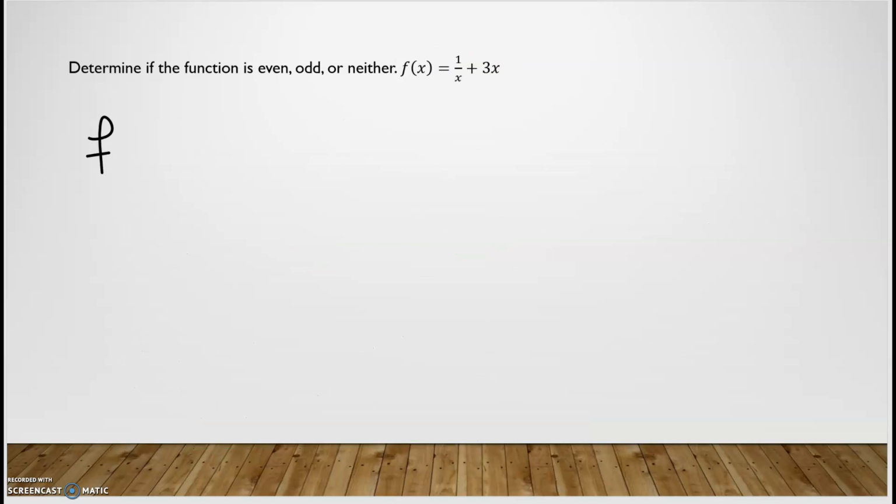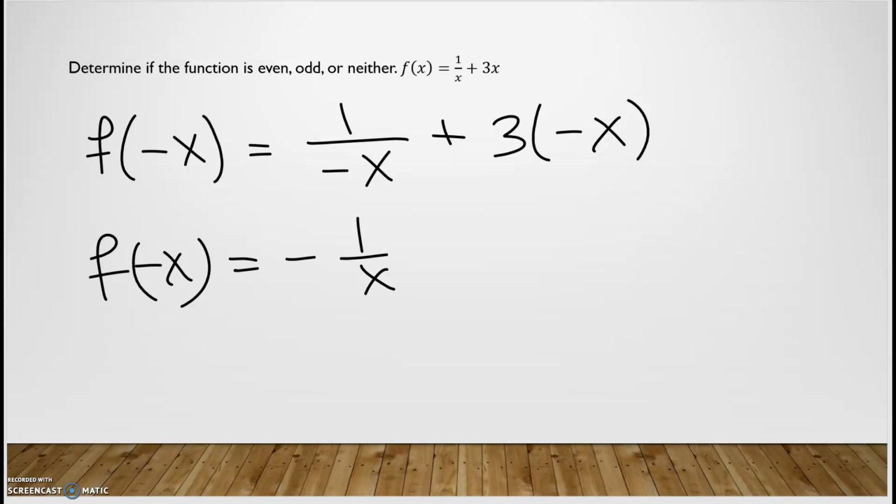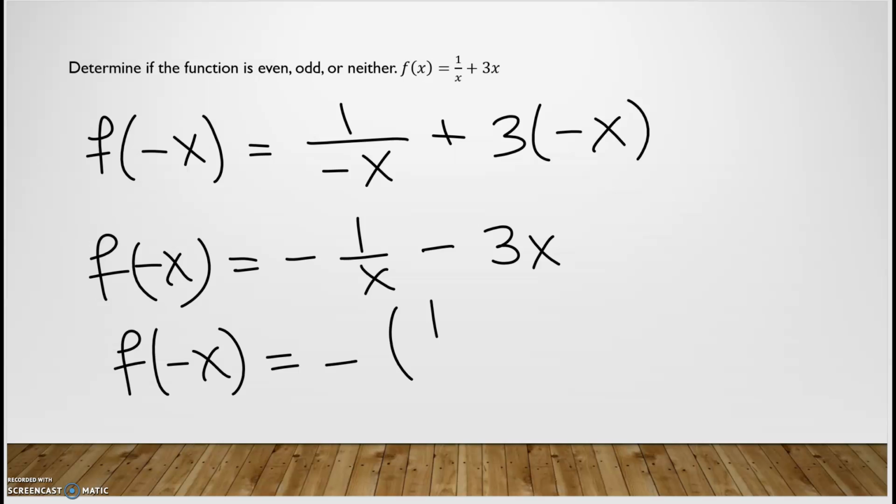Okay, so let's take a look at this one. I'm going to plug in a negative x everywhere I see an x, and then see what happens. I'm going to bring that negative to the front right here, and then that's going to be negative 3x. It looks like I can take a negative out of both of those: negative 1 over x plus 3x.